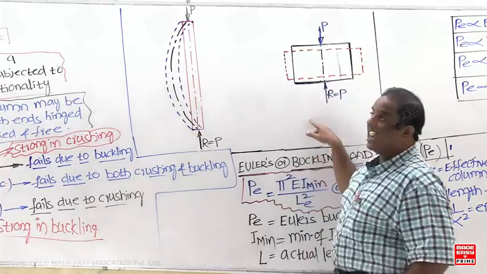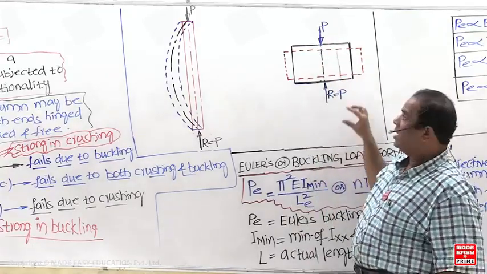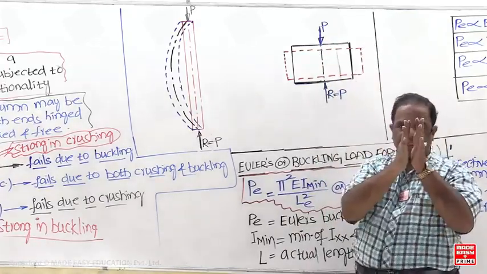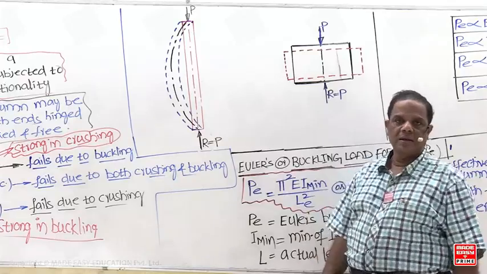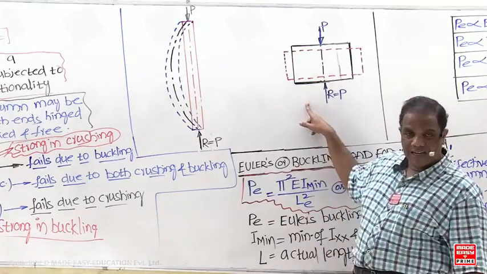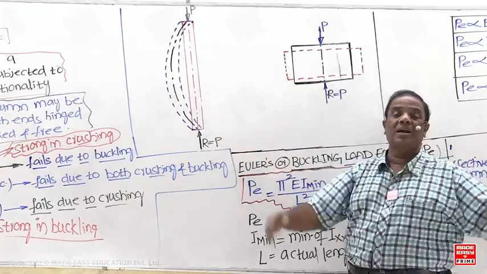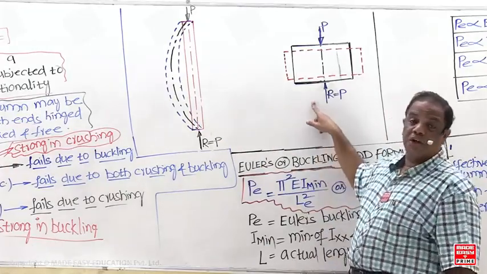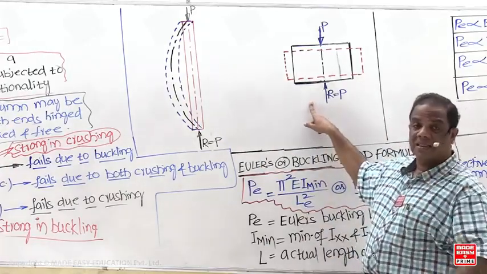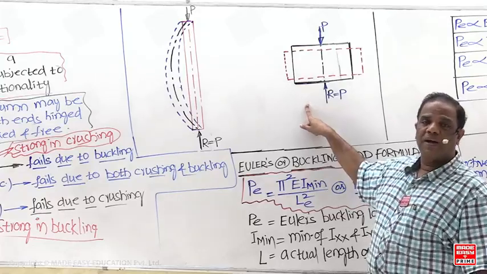Here, as the load is increased, length is going to decrease and cross-sectional dimension will increase. When the length is permanently decreased, the diameter will permanently increase. When the stress induced is more than the yield strength in crushing, permanent deformation will occur.